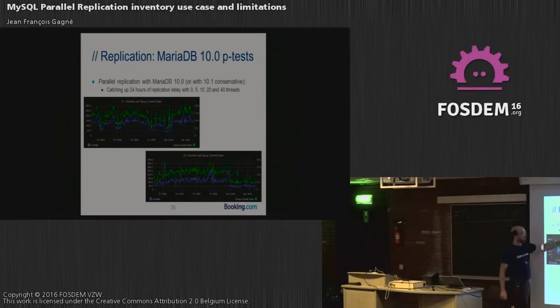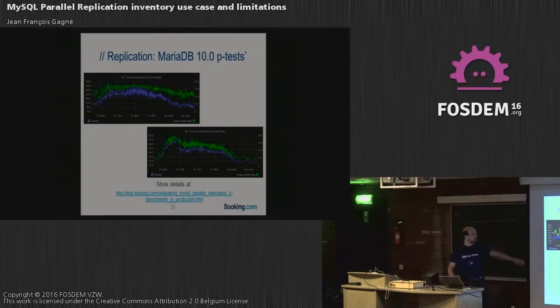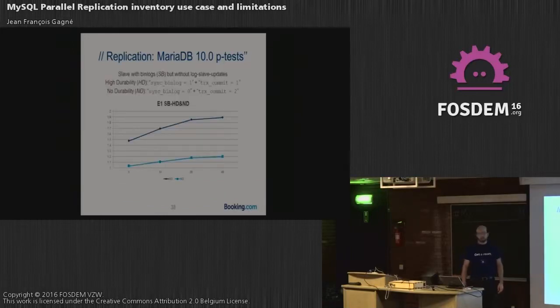So this is my first environment. The second environment here, a little less than 100 transactions per second, group size 10, and the two other environments. All the details are in the blog post.